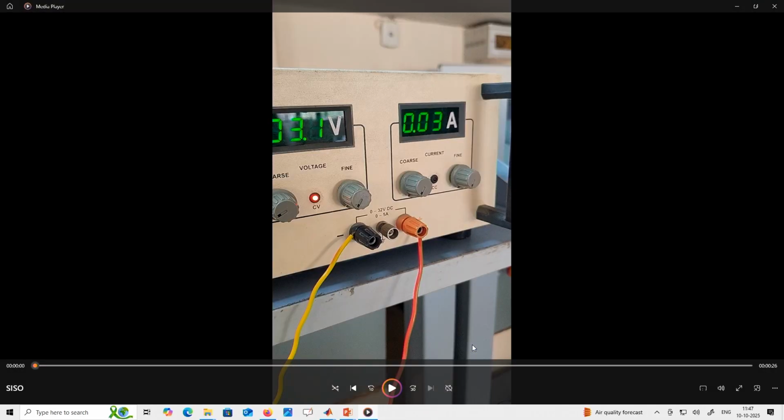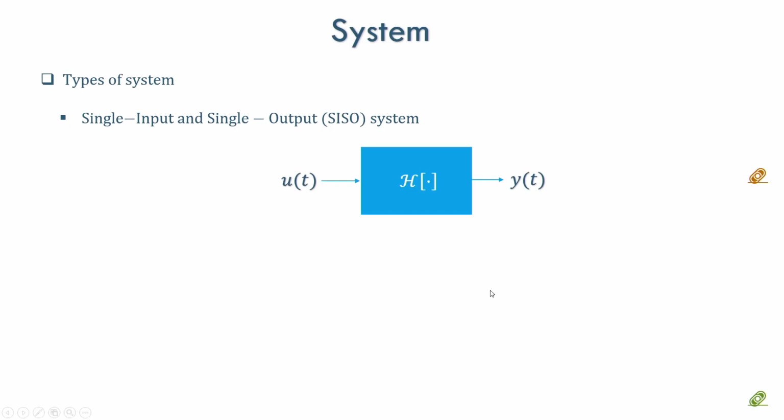So, what is happening here is that there is only one input to the system, which is a voltage input. In this example, it is a DC motor, the input to the system is a voltage input, and what is the output of the system?